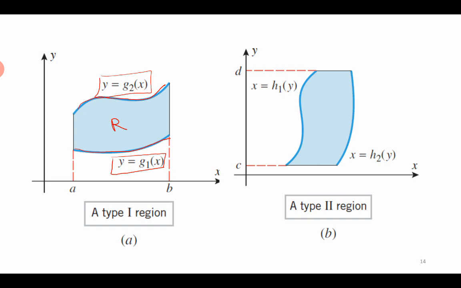So when you draw a small line between these two, its tail end will be at function y1, head end will be at function y2. So the upper and lower bounds are variables, curves, but the left and right boundaries are straight lines. This is called a type 1 region.